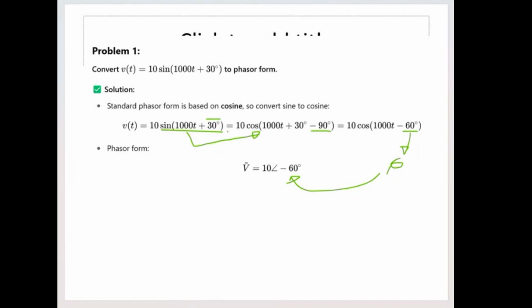If someone just puts 30 over there, obviously it's wrong. You should not do that. You should first convert it to cosine and then see what the phase angle is. And once again, that is because we developed the phasor concept based on the cosine function, so let's be consistent there.